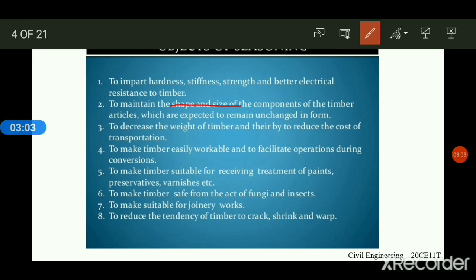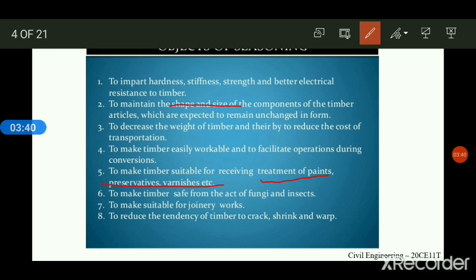After seasoning, it will decrease the weight of the timber, and thereby reduce the cost of transportation. It gives easy workability and facilitates operations during conversion, and it also makes the timber suitable for treatment with paints, varnishes, and preservatives.